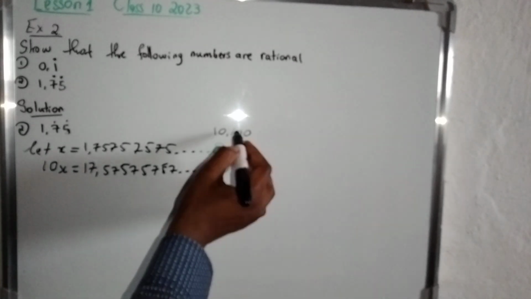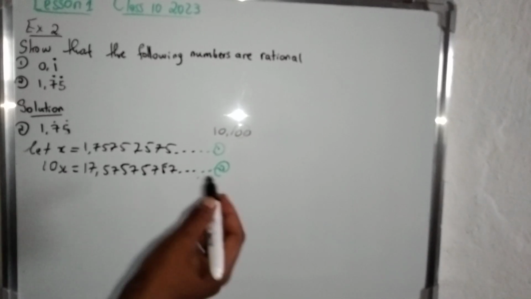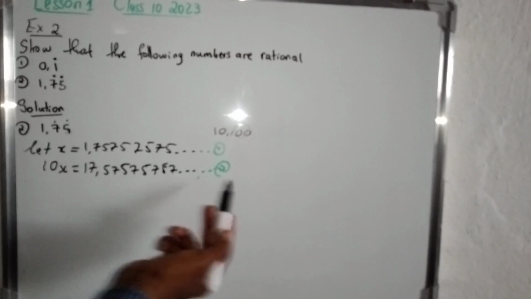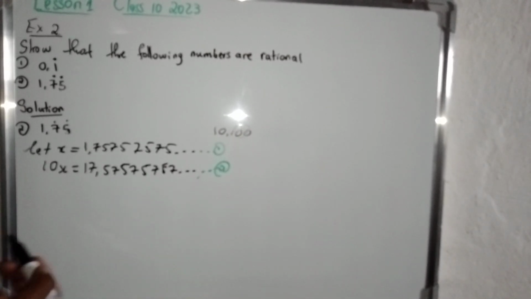So when you multiply by 100, that is the second one. Now we proceed to 100. When we multiply by 100, we are not going to multiply the second equation. No, we are going to multiply the first equation.